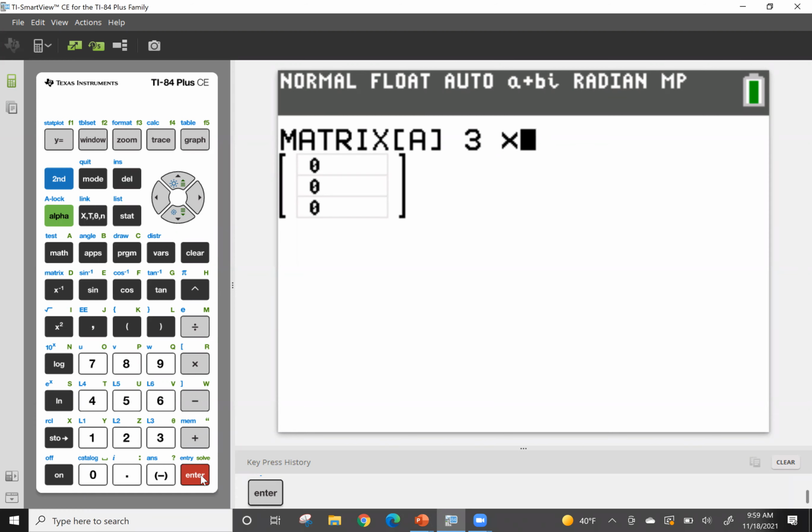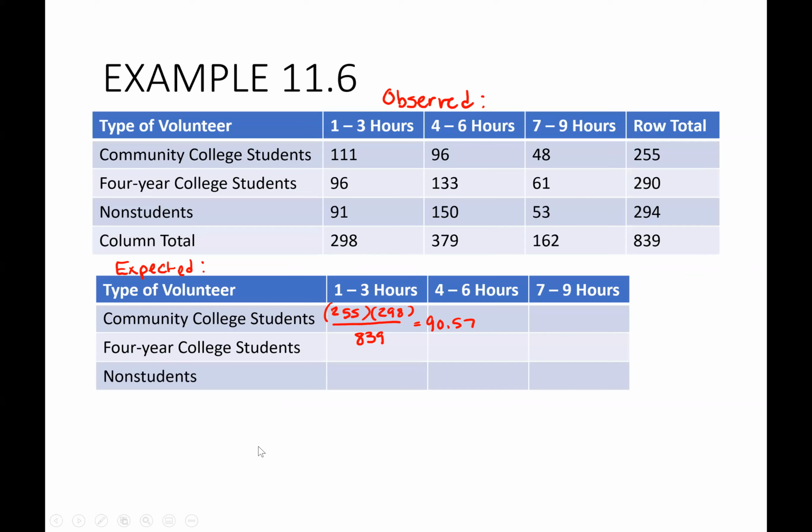Okay, let's go back to our PowerPoint slide. In this observed data, I have 3 columns of the number of hours. So I have 1 to 3, 4 to 6, and 7 to 9. So I have 3 columns of data.